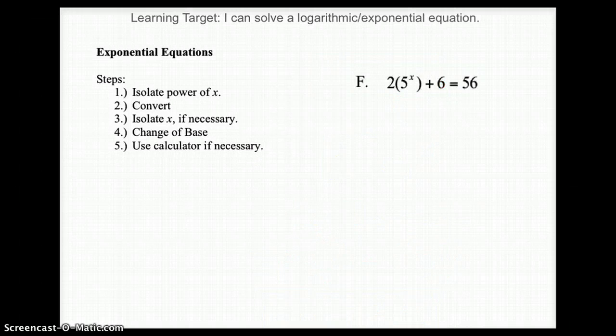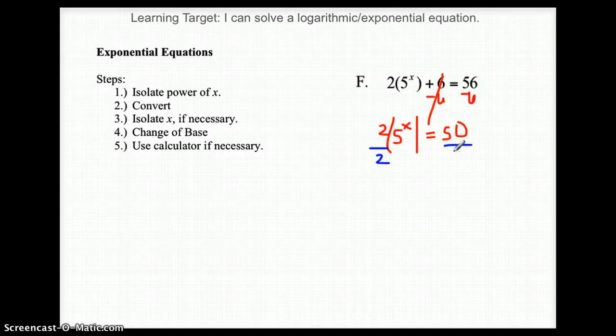All right, let's try one more. We got a little bit more things to move here. We got to subtract 6. Okay, so 2 times 5 to the x equals 50. Now, 5 has the power of x, and that 5 to the x is being multiplied by 2. I cannot multiply and make that 10 to the x. That's not how it works.